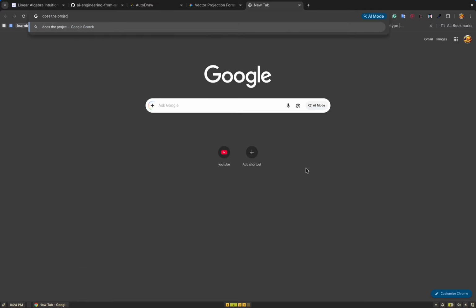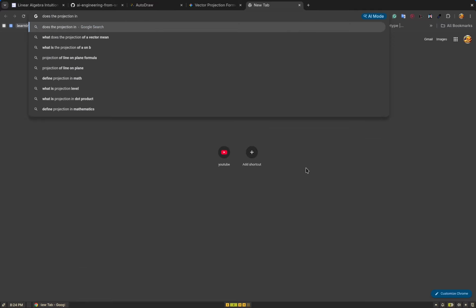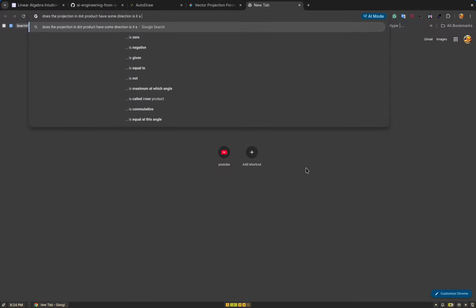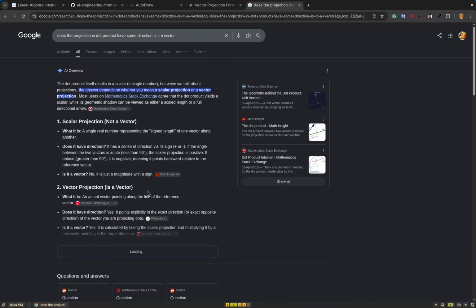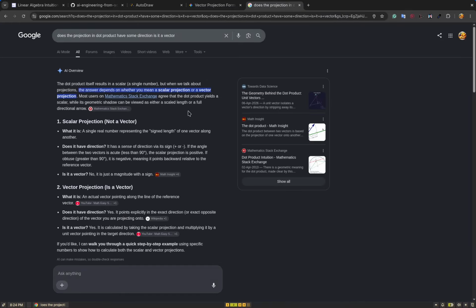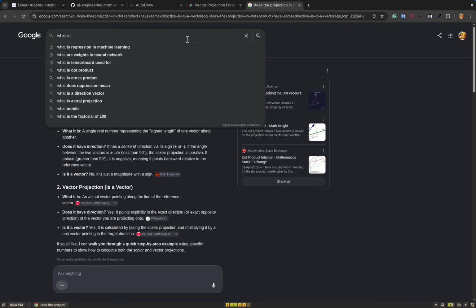Does the projection in the dot product have some direction? Is it a vector? Is it scalar projection or vector projection? Vector projection is a different thing. I have heard about scalar projection. What is vector projection?